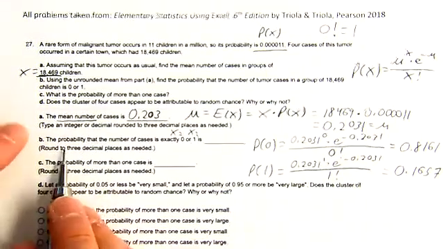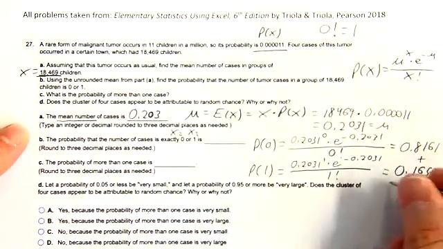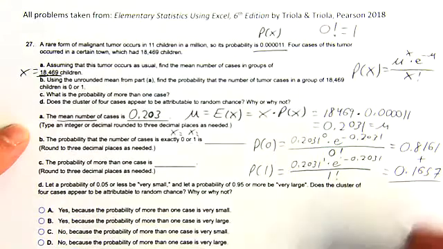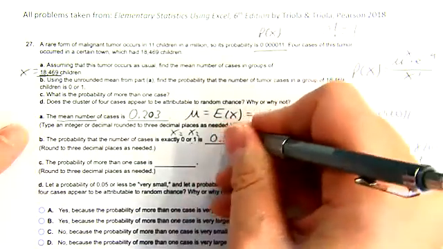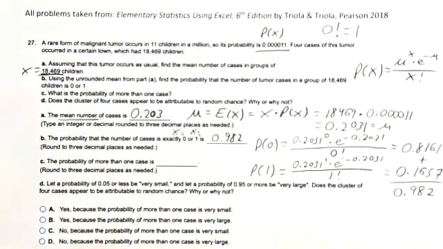The answer to B is just add these two numbers together, and you'll get 0.982 after you round. So there's basically a 98% chance that you're going to get either 0 tumors or 1.